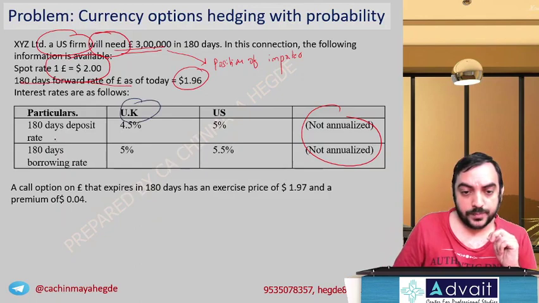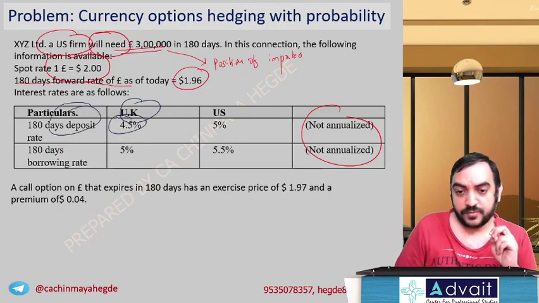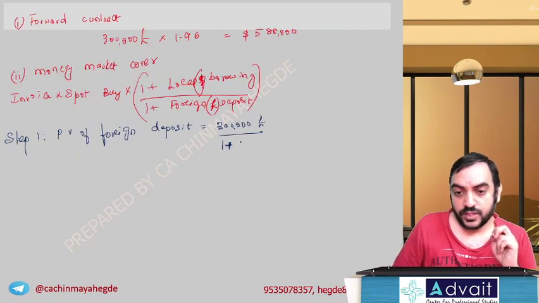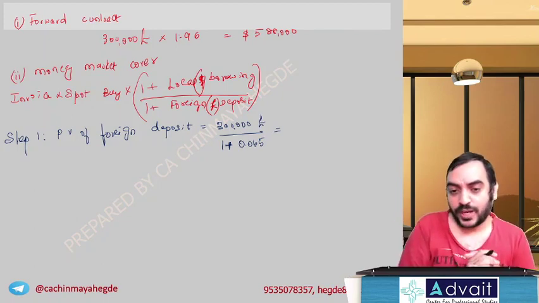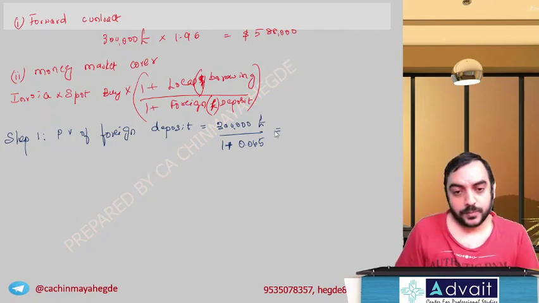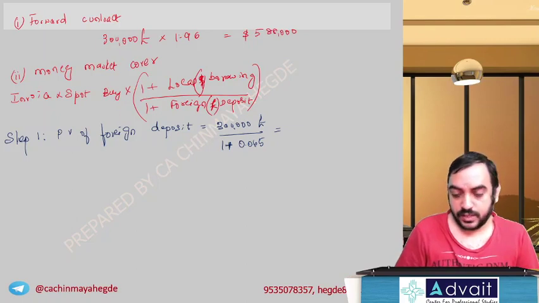Pounds means UK, deposit rate means 4.5%, 0.045. Again, since I've given not annualized, I'm writing as it is. Alternatively, you can do into 6 by 12. 3 lakh divided by 1.045 is 287,081 pounds.